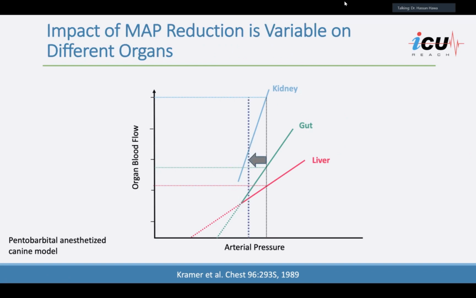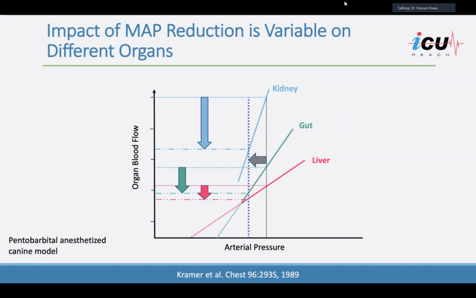It's important because when you drop the arterial pressure by only a few millimetres of mercury, you will see a huge drop in the kidneys' blood perfusion, compared to the drop in the gut blood perfusion, and the least would be the liver blood flow reduction. That would explain why the liver is so resistant to developing shock during a hypotension situation.